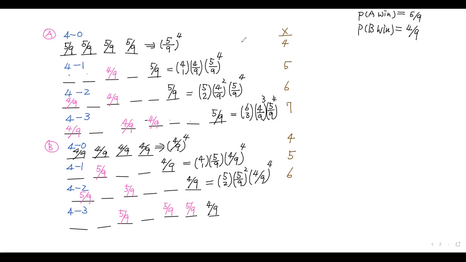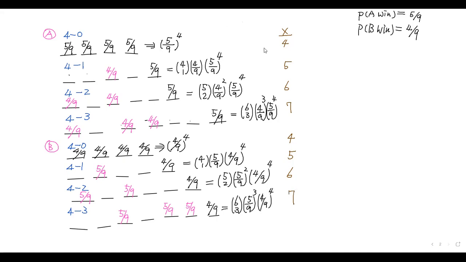Okay, so what is the probability here? You have 6 places. You choose 3 losing, so it's 5/9 to the third, and 4/9 to the fourth. So how many games here? 7, right?